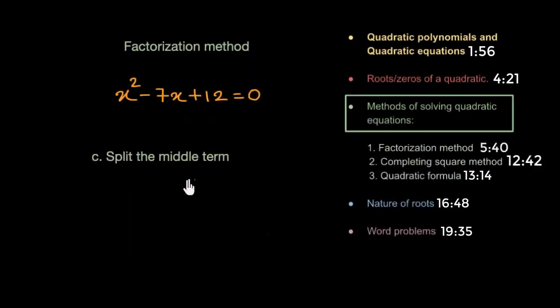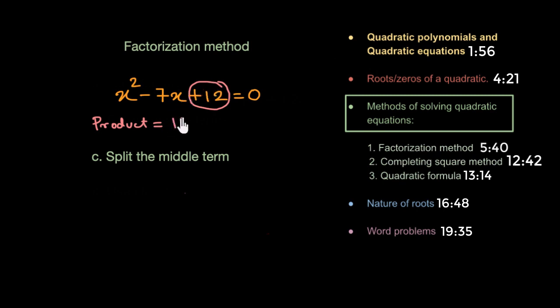Now let's talk about splitting the middle term. So this is one of the most common and heavily used methods for factorization. What do we do in this? Basically, we try to find two numbers such that their product is equal to this constant value, the term without x.